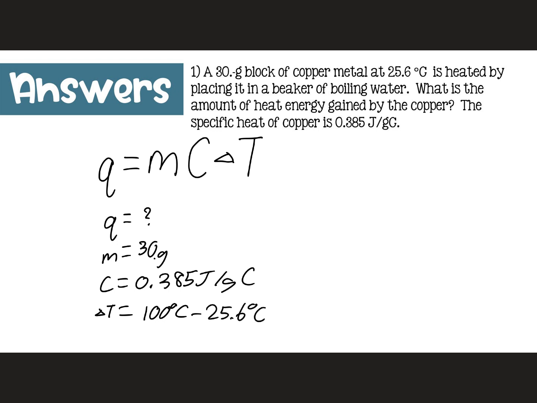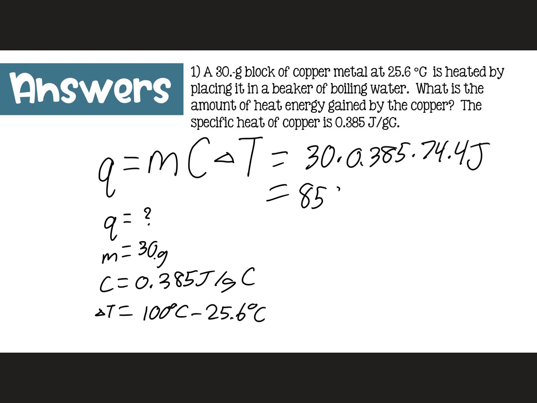So our equation is Q equals 30 times 0.385 times 100 minus 25.6, or 74.4. When you type all this into your calculator, you will get 859.32 joules.